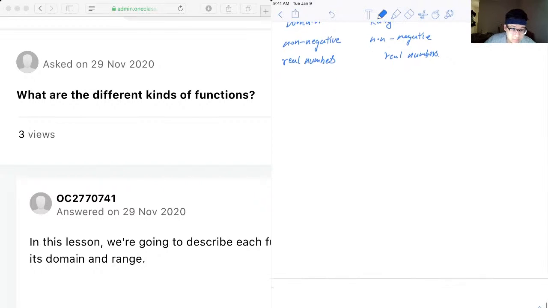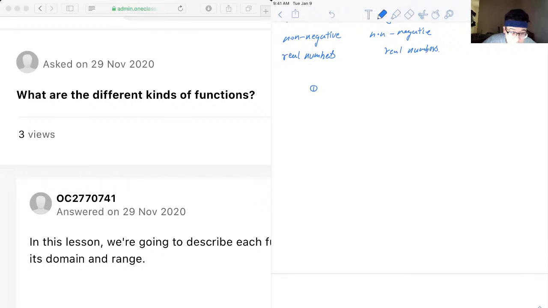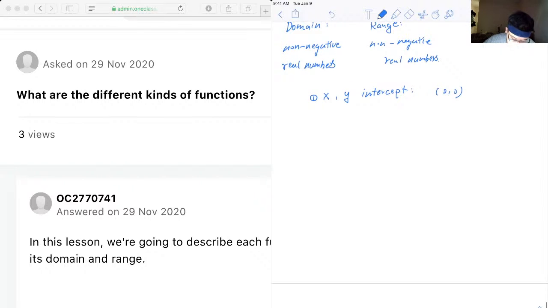The function has a minimum value of 0, and it happens when x is equal to 0.